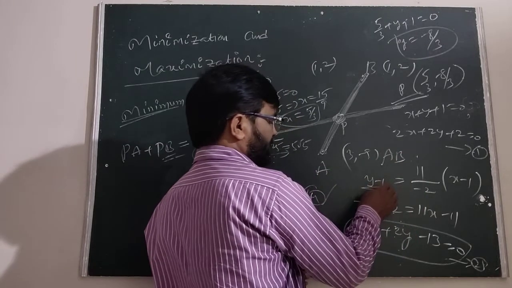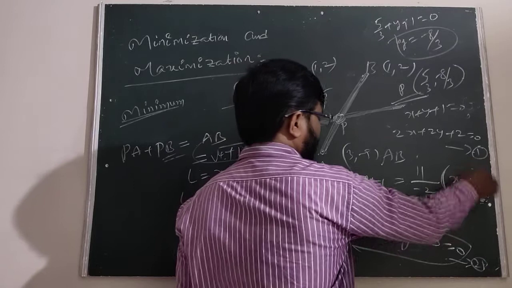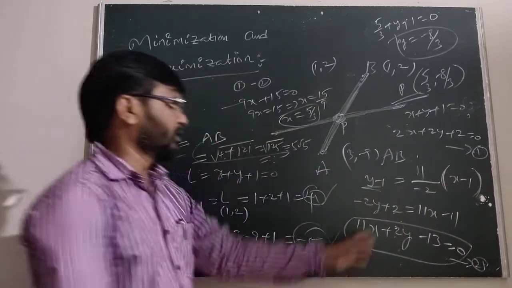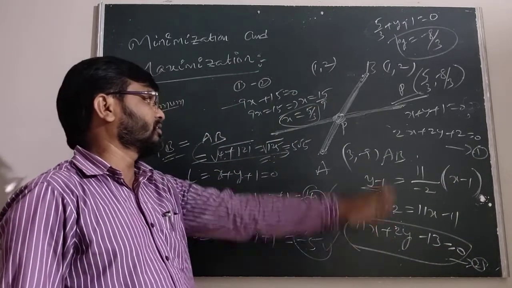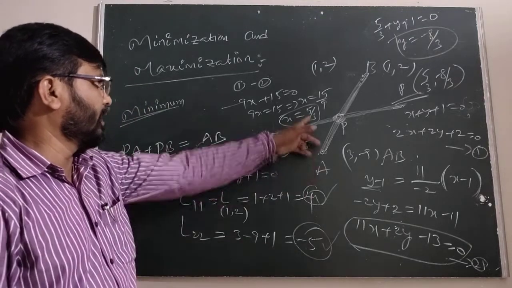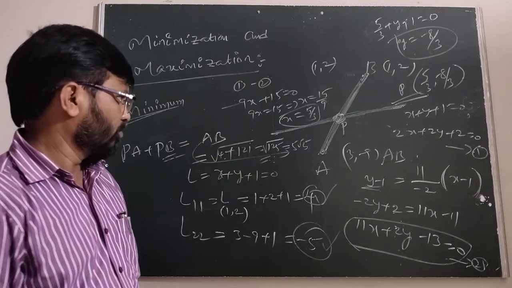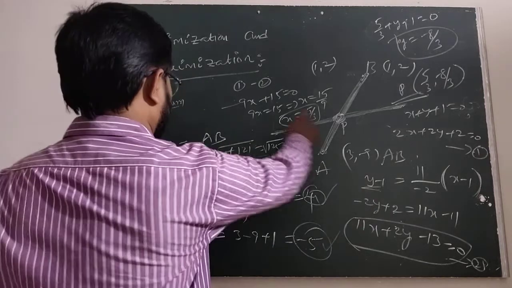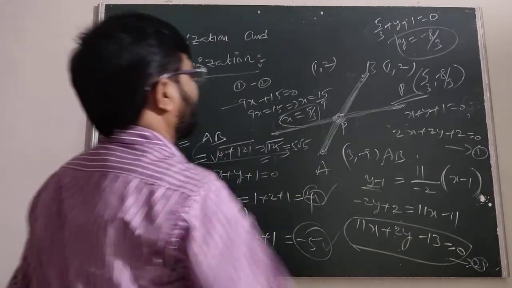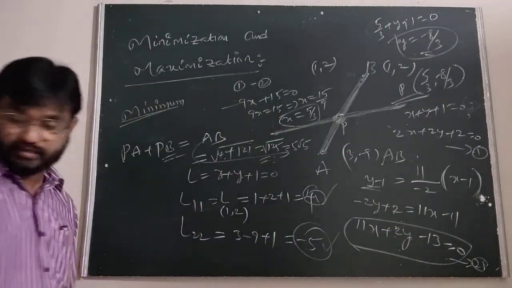Y minus y1 equals y2 minus y1 by x2 minus x1 into x minus x1. This is the line. The point of intersection of these lines is 5 by 3 comma minus of 8 by 3. That is the point of intersection.